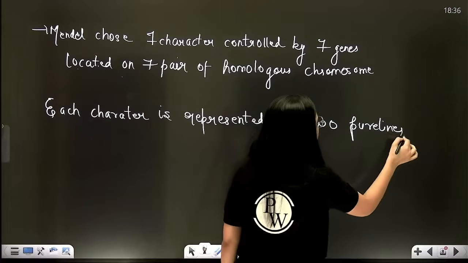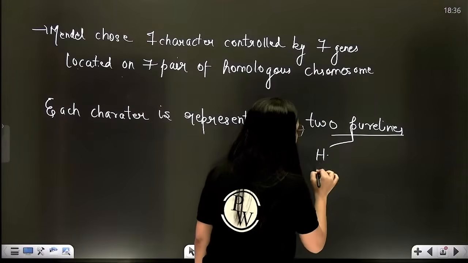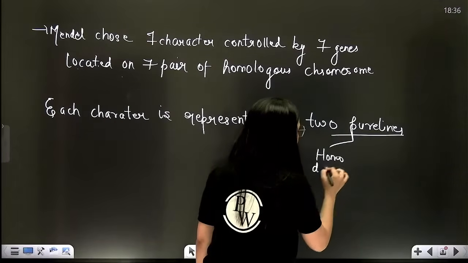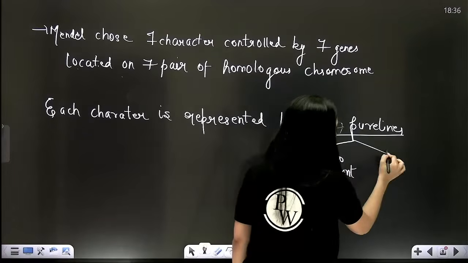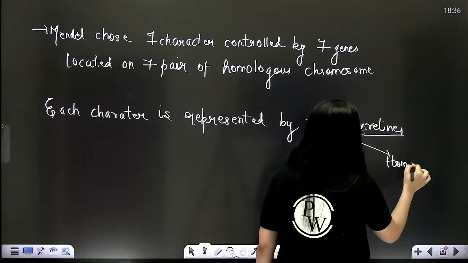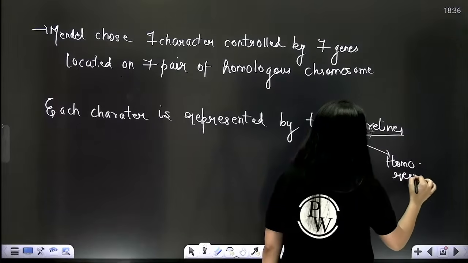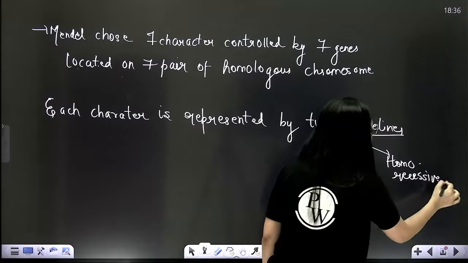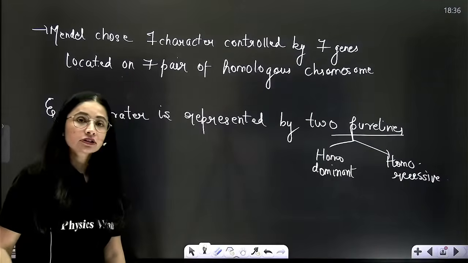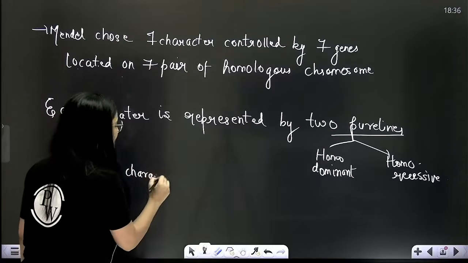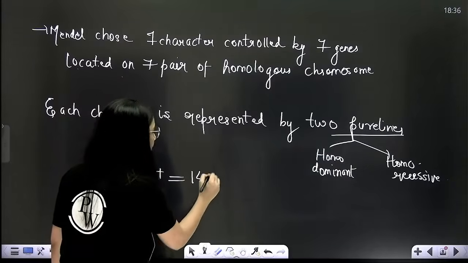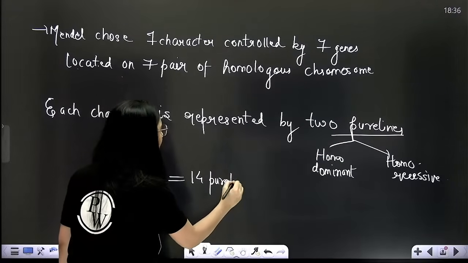Pure line means one homozygous dominant and second is homozygous recessive. Correct? So that means for 7 characters, how many pure lines did he obtain? He obtained 14 pure lines.